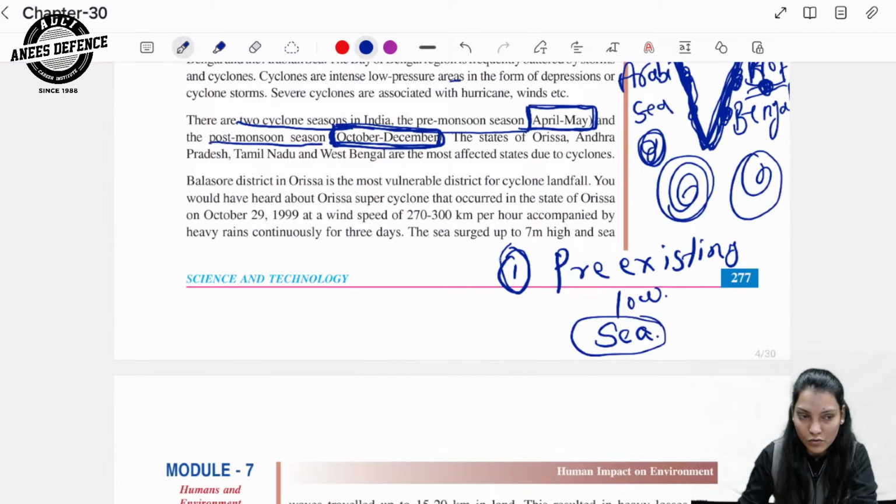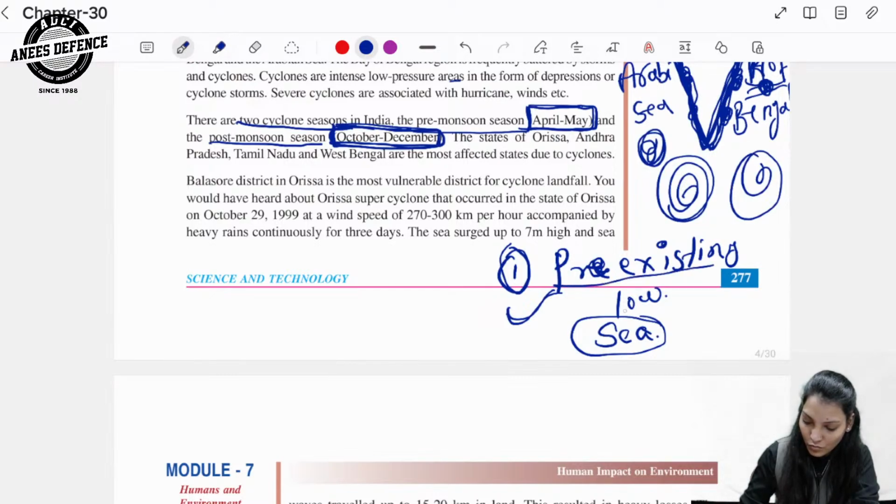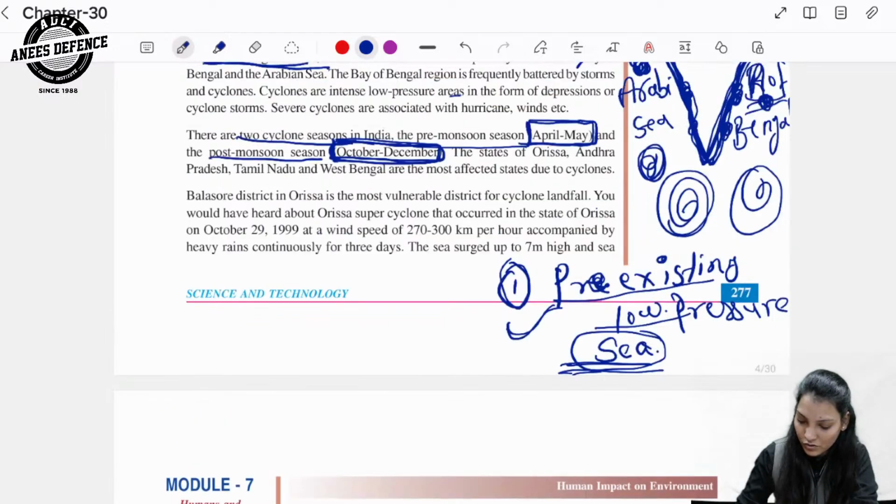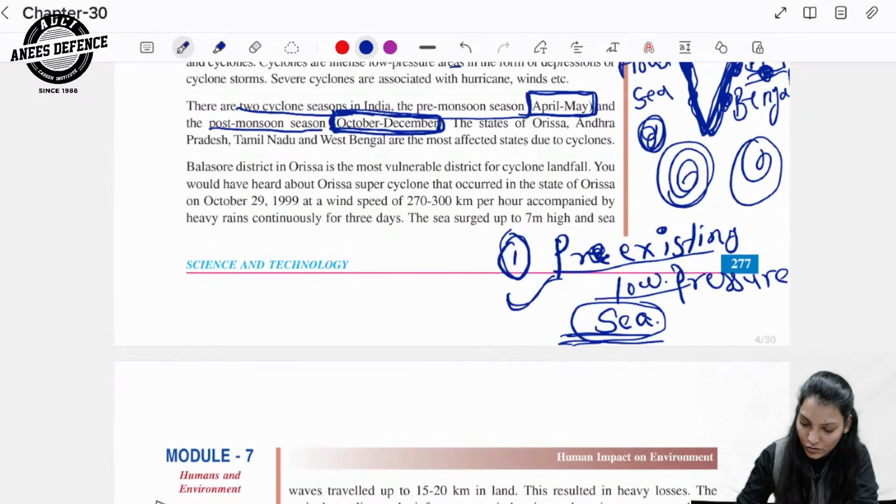There are other factors also responsible for cyclones, but I'm telling you only one because this is related to the environment we are studying. In geography, we have so many factors behind cyclones. I'm telling you only one thing, that is pre-existing low pressure over the sea. So this is the mandatory condition for cyclones. These are the months in which you will have low pressure over the sea, and most cyclones occur in these months only.